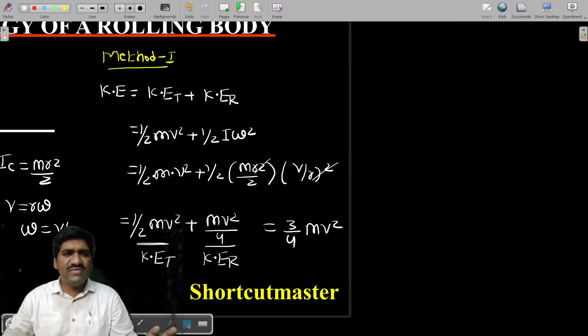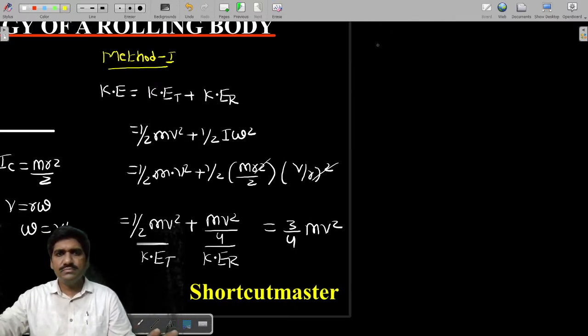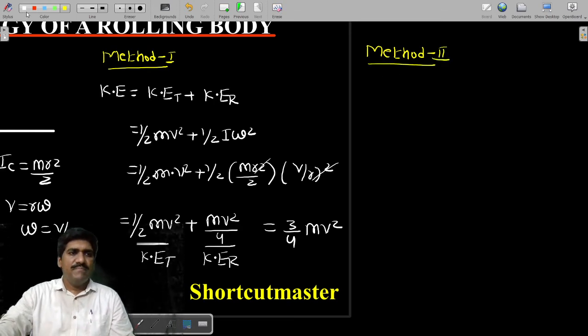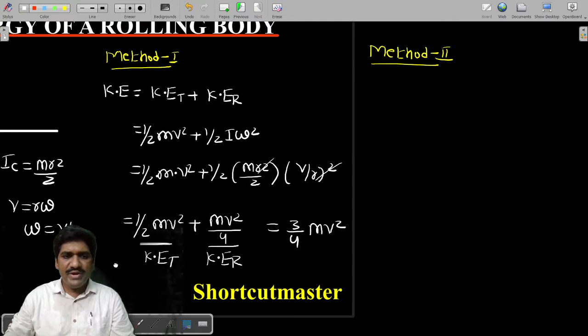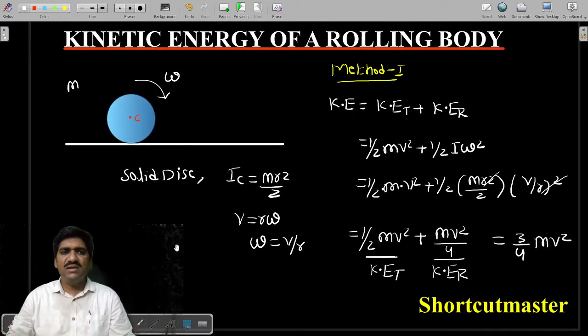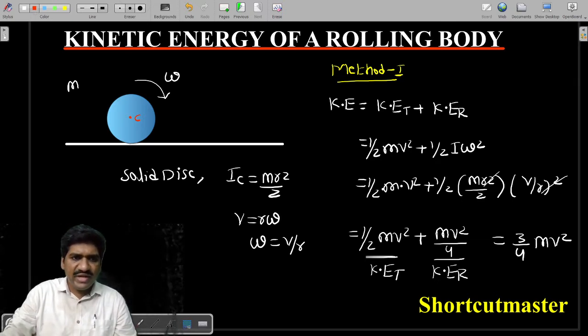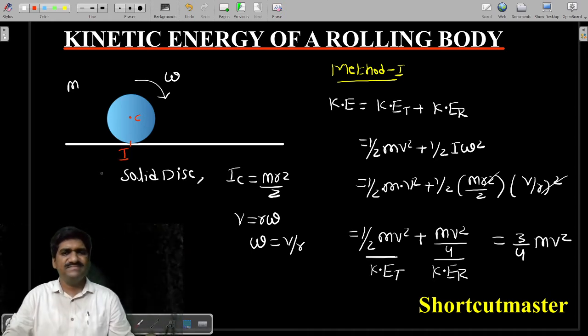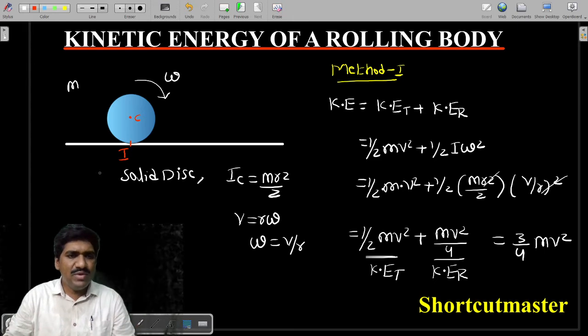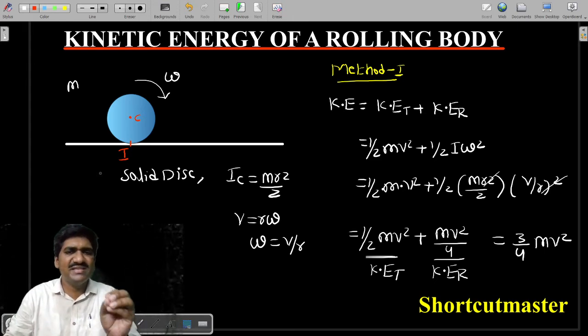Now I'm going to method number 2. You know very well that whenever a body is rolling without slipping, the point of contact is always the instantaneous center of rotation.